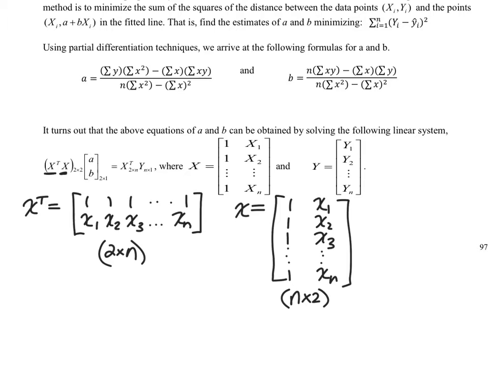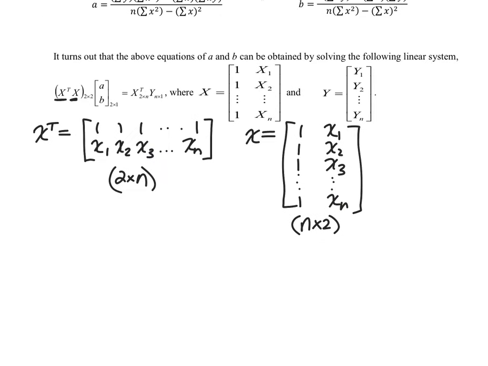So we're going to have 1 times 1 plus another 1 times 1 plus another 1 times 1 plus another 1 times 1. When you multiply all that out and add them up, you're really taking 1 plus 1 plus 1 plus 1 plus 1, n times. So x transpose times x, the first entry of that 2 by 2 matrix, is going to be n.